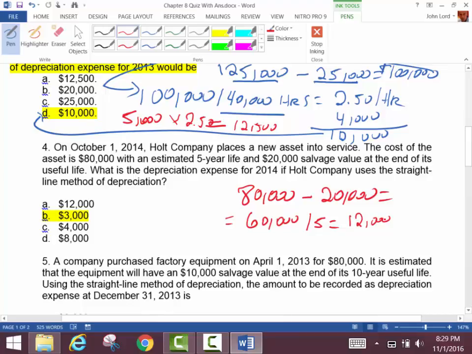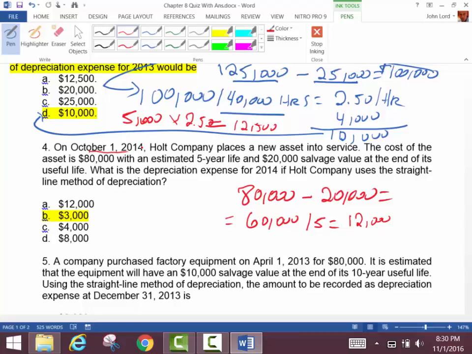Why not? No, it has a 5-year life. When did I put that asset into use? October 1st. So did I use it for an entire year in 2014? I did not.